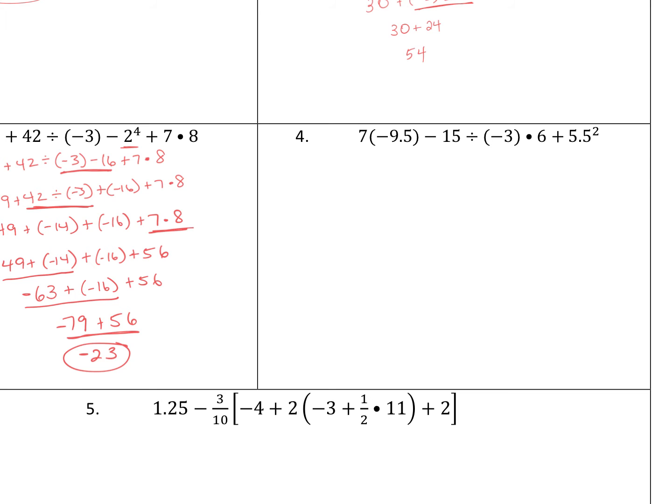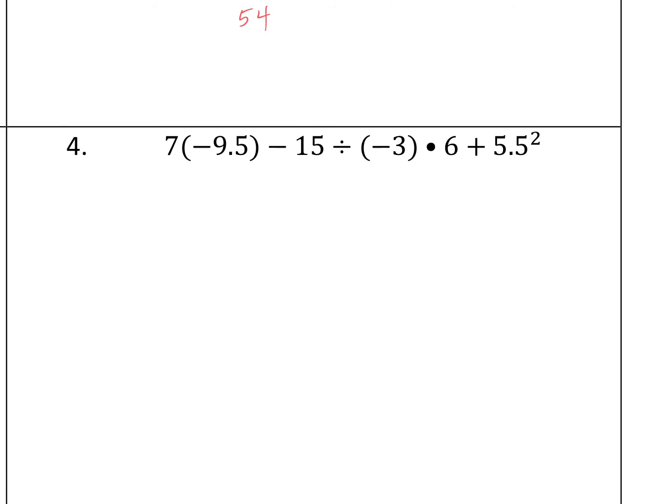All right, let's take a look at number 4. For number 4, I see I have multiplication, subtraction, division, multiplication, and exponent. Because I do have this subtraction right here, I'm going to rewrite it as addition real fast.